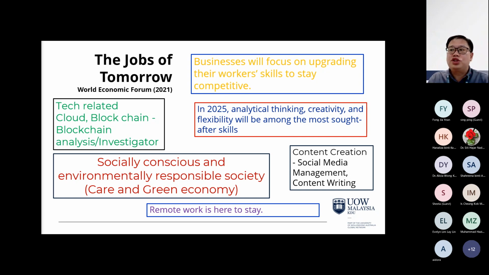Four, socially conscious and environmentally responsible society. During COVID, it actually shocked many individuals about the realities of the world that we are in. The green environment, health, family, self-individual time. So this care and green economy is something that, based on the World Economic Forum in 2021, will be the jobs for tomorrow.